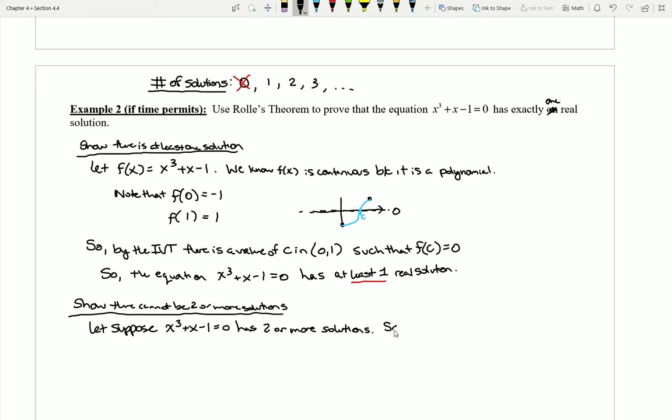Now, if there are two or more solutions, then definitely there's going to be some value, say c1, and another value, c2. So let's say C1 and C2 are 2 solutions. Then we could definitely say, using our f from up above, that f of C1 and f of C2 would both have to be values that spit out 0 when plugged into this function.